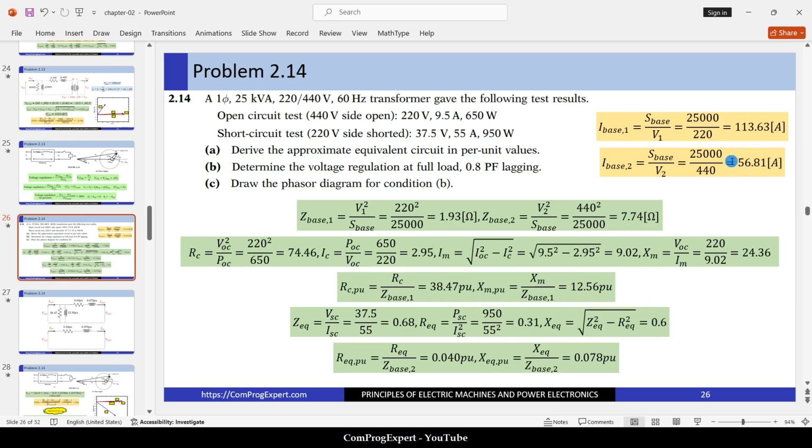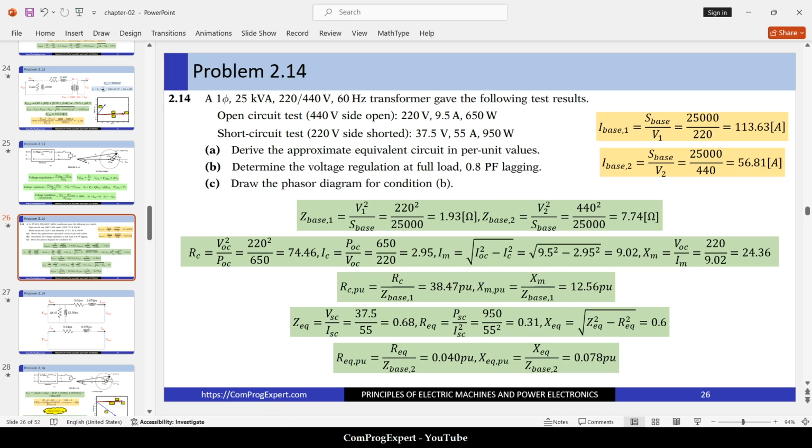Is equal to this one, the rated number that we have here, the short circuit current that we have. So we can calculate the Z equivalent. Yes, here are calculations, right, for per unit quantities, the equivalent core resistance and magnetizing reactance.